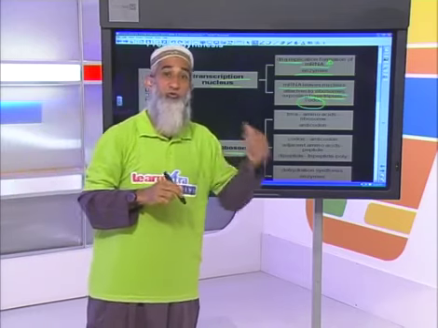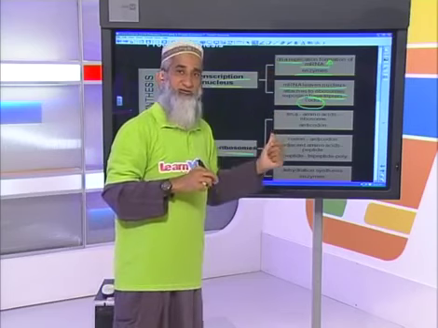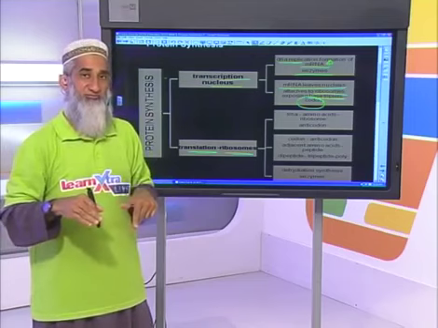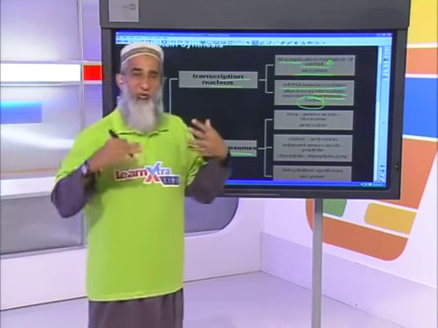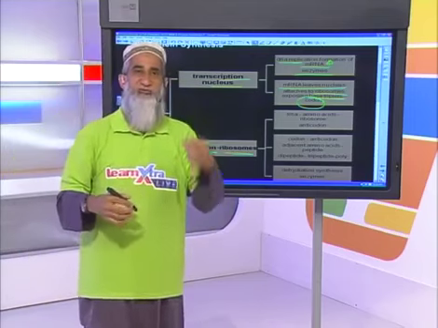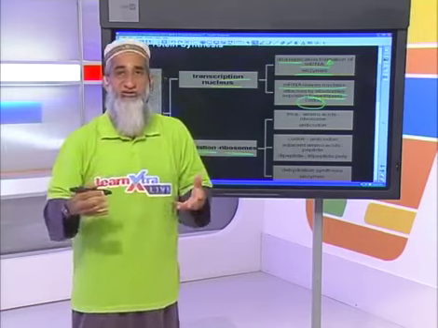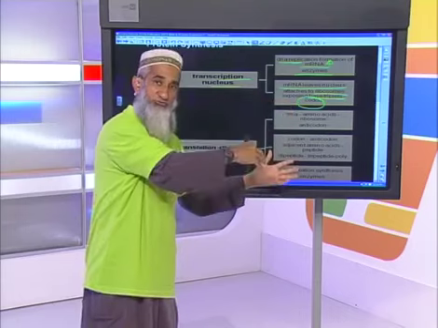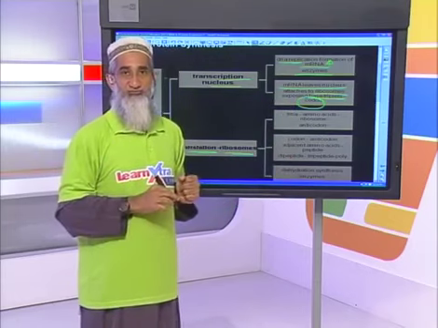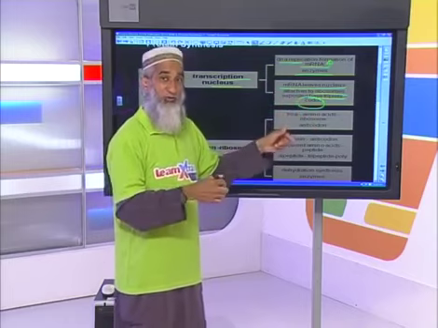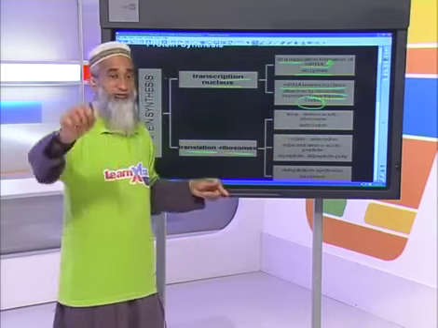Messenger RNA has stolen the code from DNA, and now it reveals that code in the cytoplasm. Why is this necessary? Because DNA, that nuclear DNA, does not leave the nucleus, so it cannot get the code to the cytoplasm. The only way this happens is when messenger RNA steals the copy of the code and goes out.